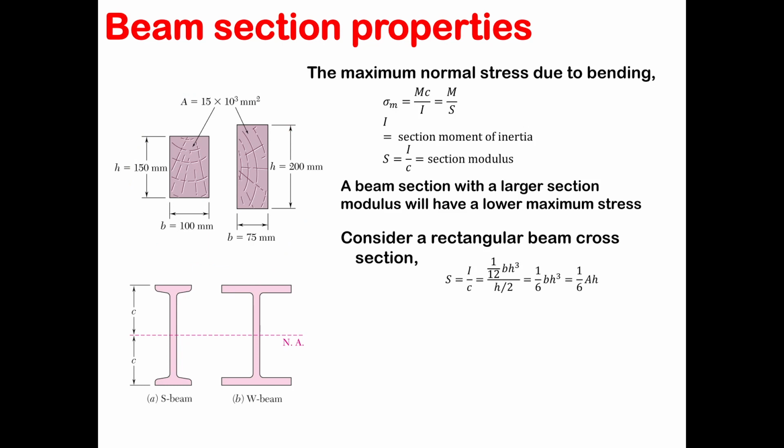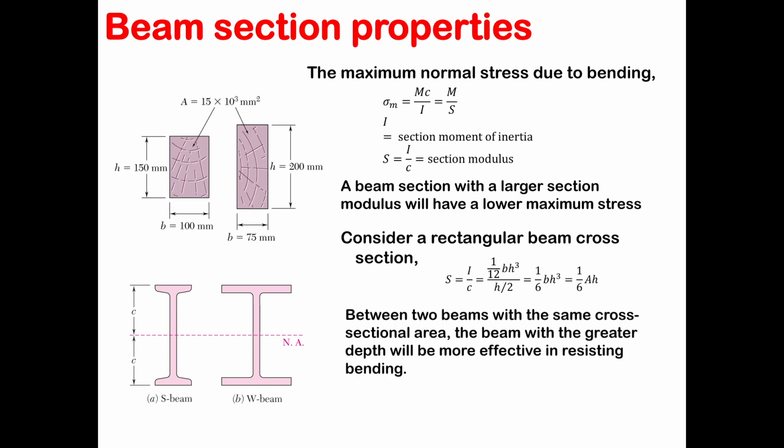For these, your S is going to be equal to 1/6 A multiplied by H, right? Between the two beams with the same cross-sectional area, the beam with a greater depth will be more effective in resisting bending, right?